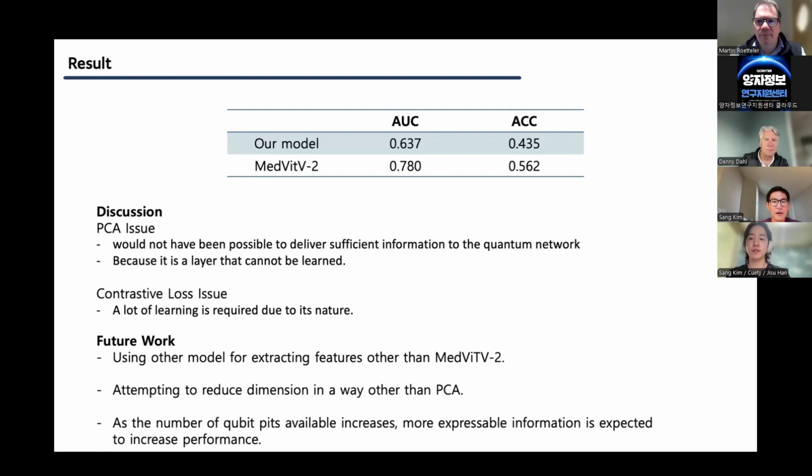Maybe I can ask questions, Danny? Okay. Thanks for the presentation. You compare the results of the paper with your model, and your model is using these quantum layers. Have you actually tested with classical counterparts like a neural network or SVC?